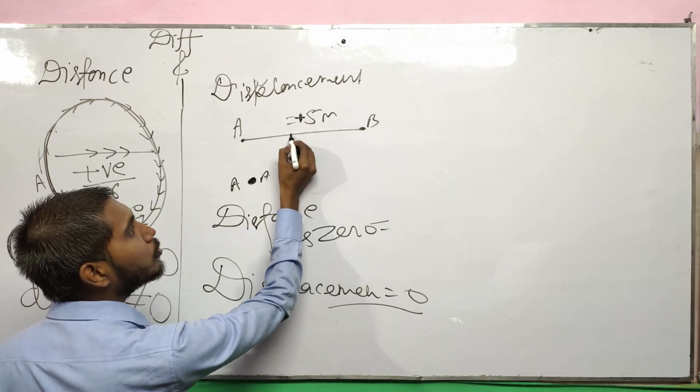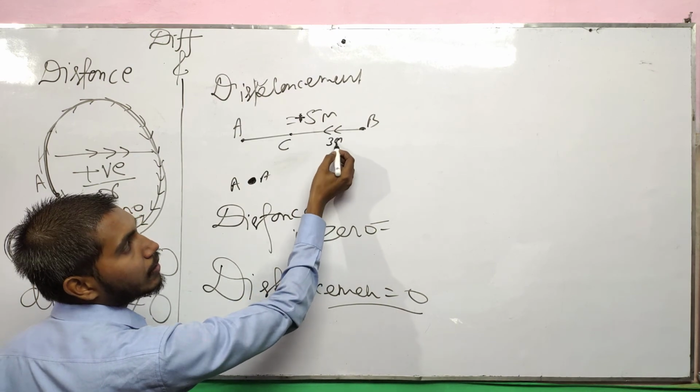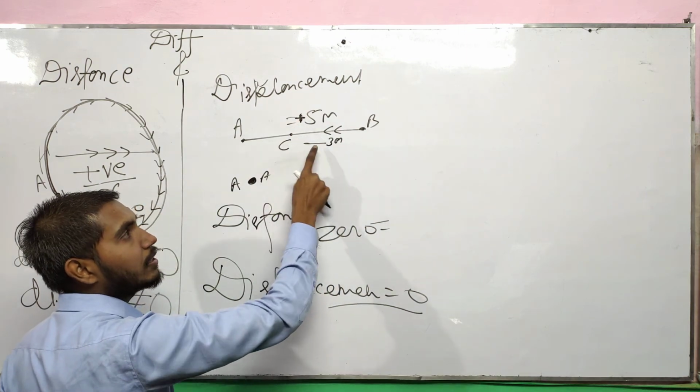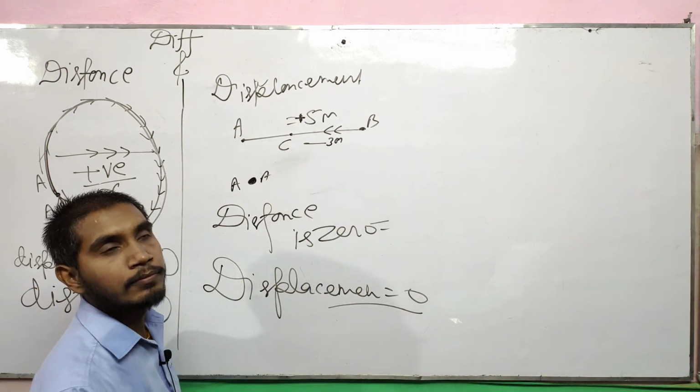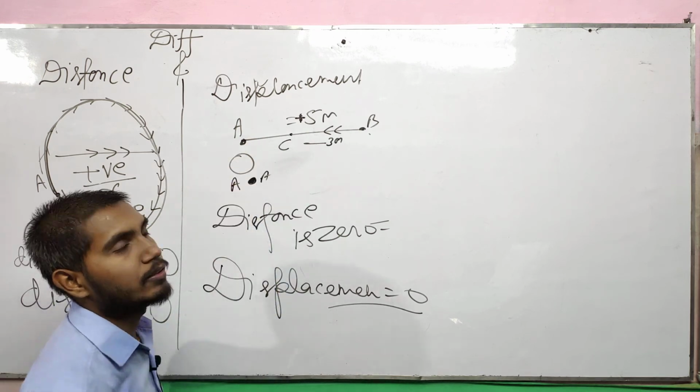When you come back B to C, 3 meter, this is minus 3 meter. This direction is plus, so this direction is minus. And if you come once again to A, then displacement is 0.